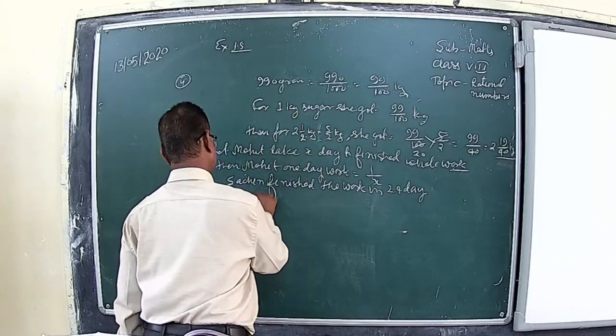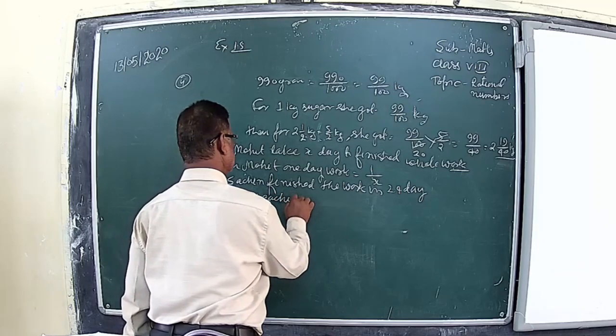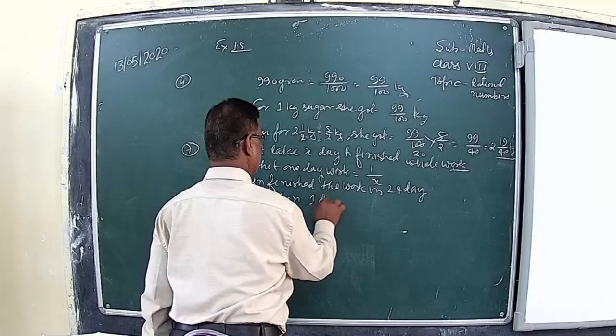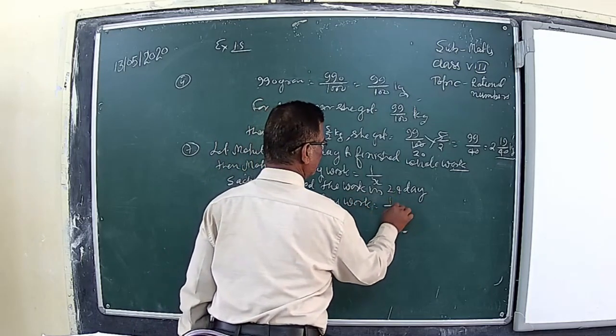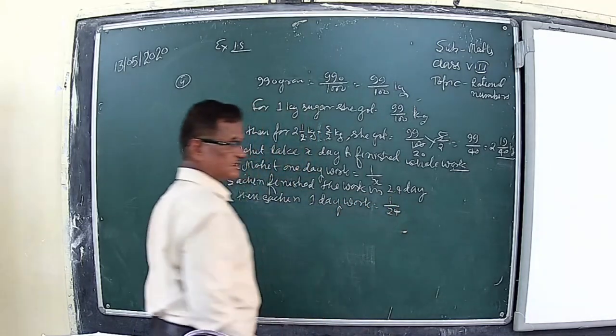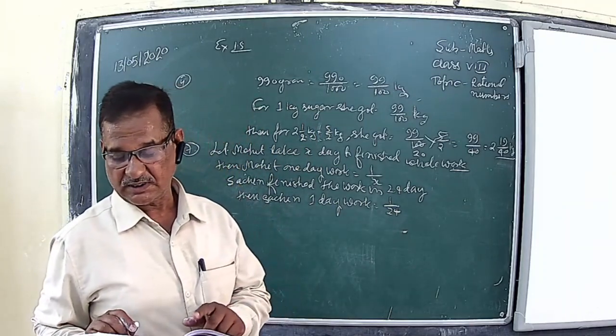Then Sachin's 1 day work is equal to 1 by 24. Sachin did that work for 6 days.